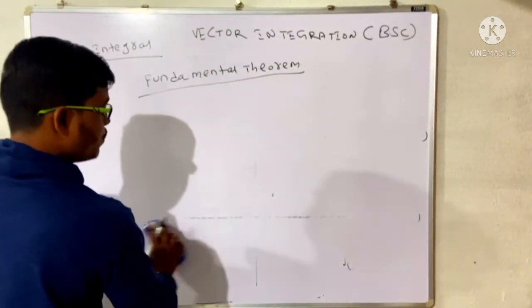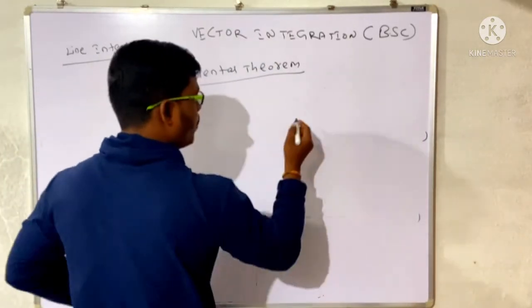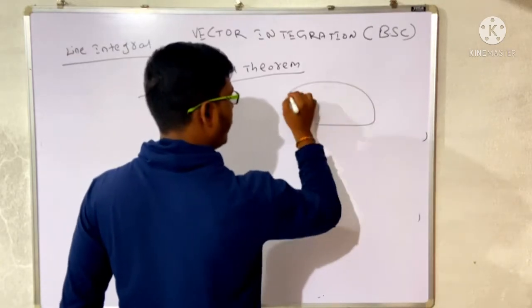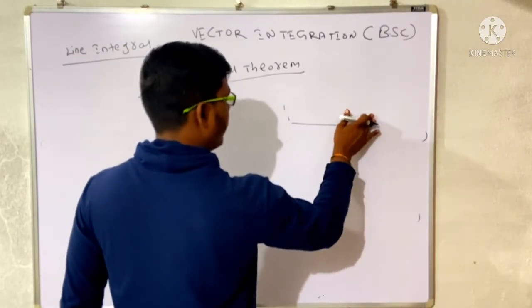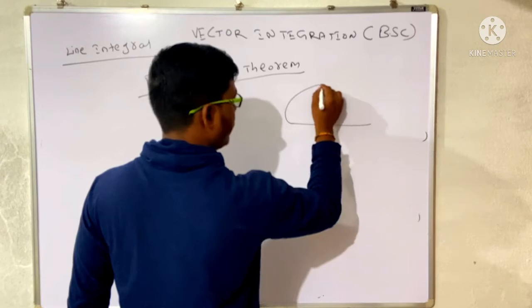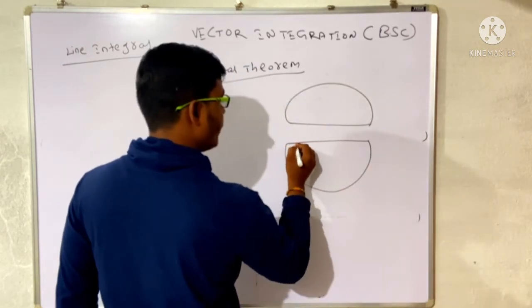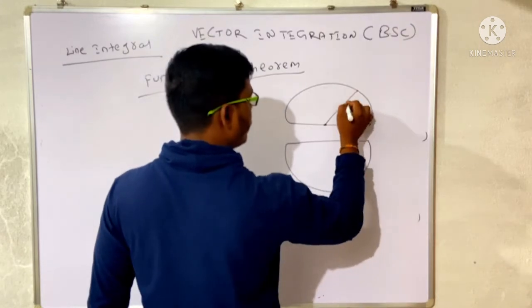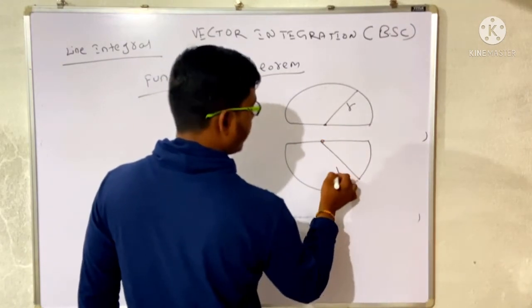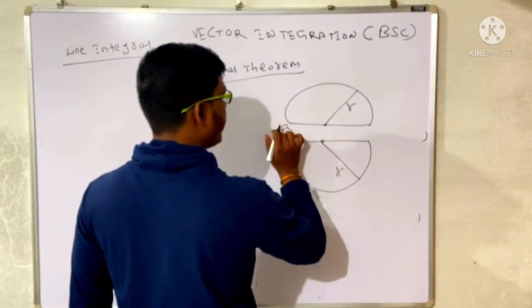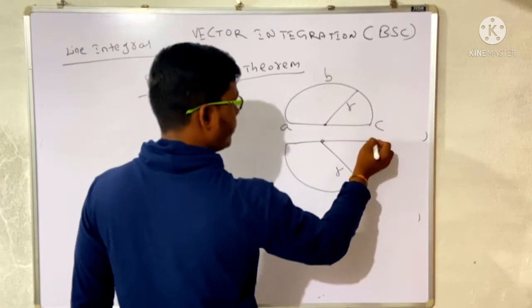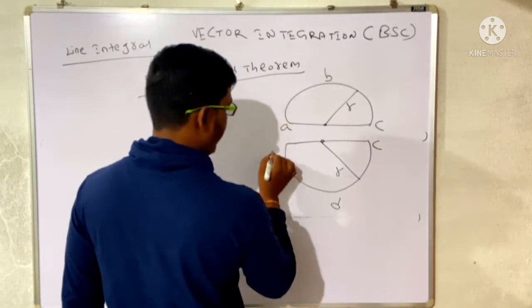Now suppose two half circles are given to you. One half circle is this one and another half circle is this one, having the same radius. So this radius is also R, this radius also R, but this path is the ABC path and this path is the CDA path.